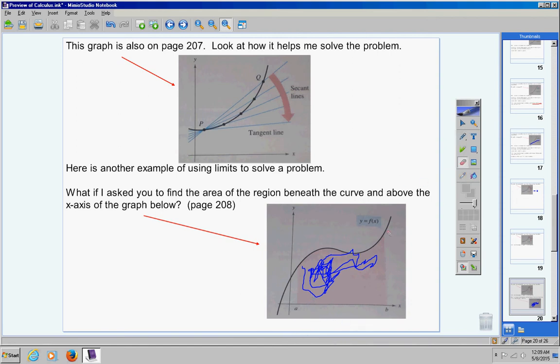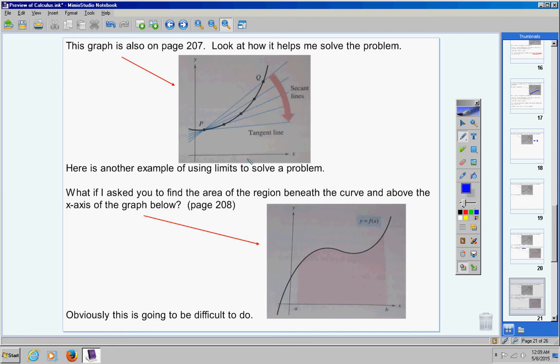Could you do that? And notice, by the way, if you want to make note in your notes, this graph comes from page 208, okay? But could you find the area of this pink shaded area? Well, to be honest with you, it's going to be very difficult to do. Alright? It's going to be very difficult to do.